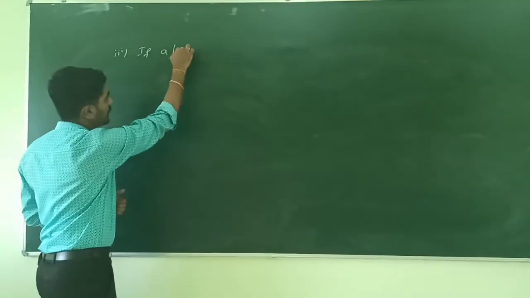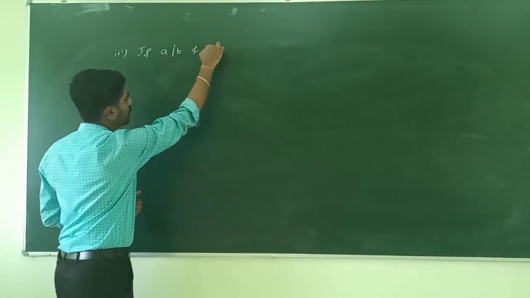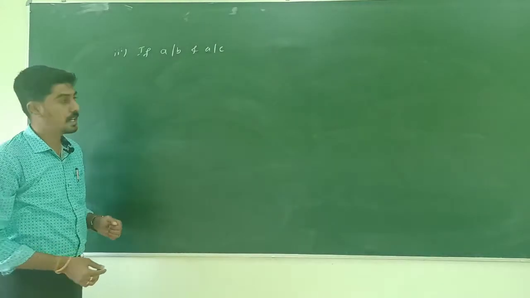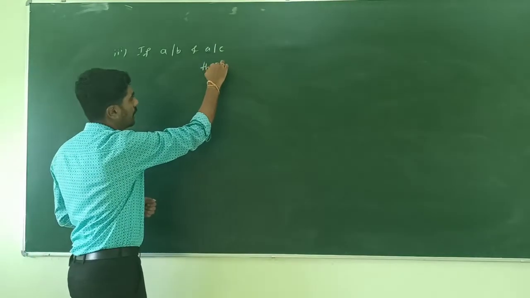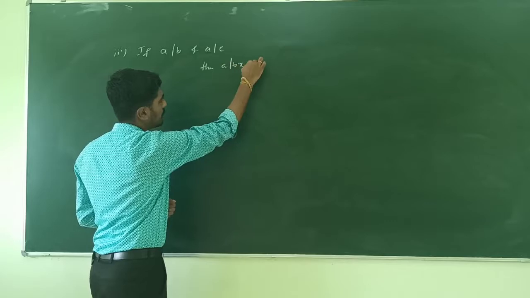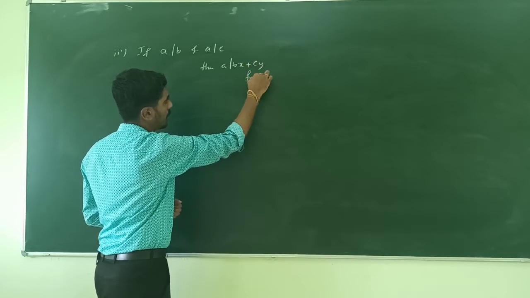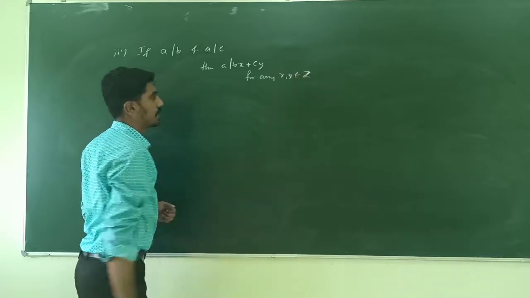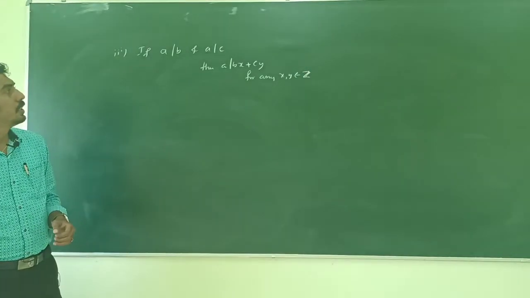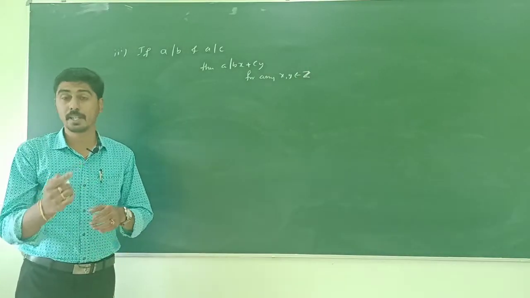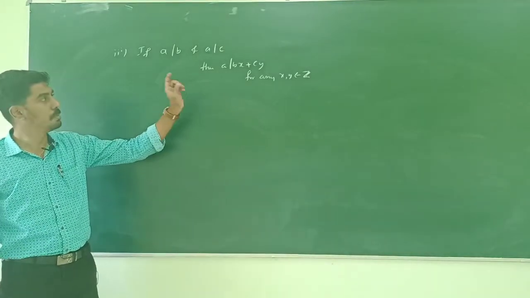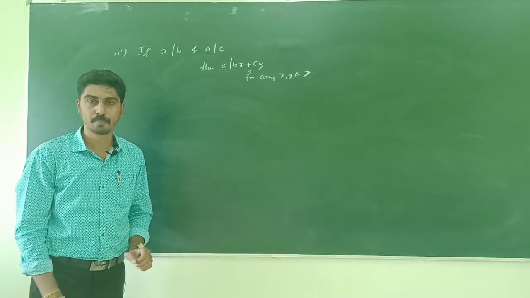If a divides b and a divides c, then a divides bx plus cy for any x, y belonging to Z. If a divides b and if a divides c, then a divides any linear combination of b and c.